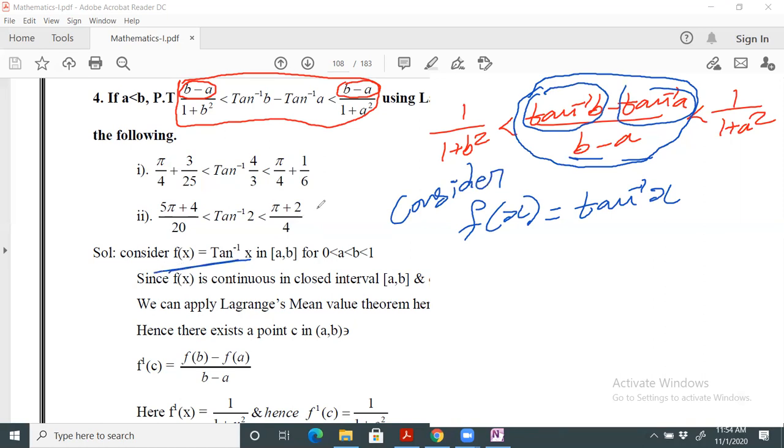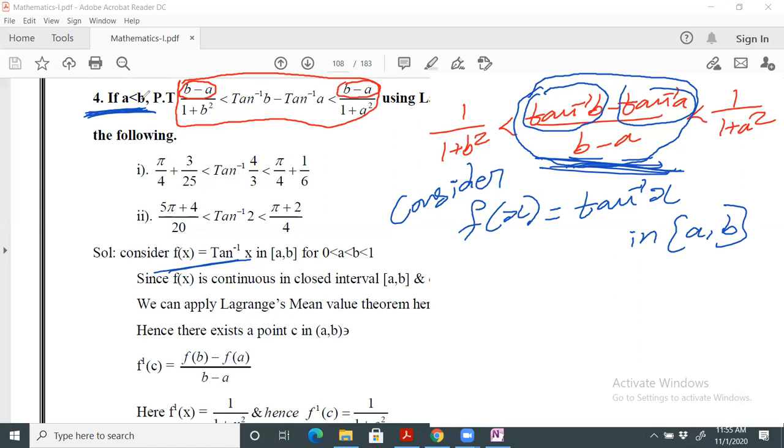In which interval do we have to consider it? Here it looks like f of b minus f of a by b minus a, and a, b only are available. So we have to take the closed interval a comma b. Why only a comma b? Why can't we take b comma a? Because they mention in the problem that a is less than b.